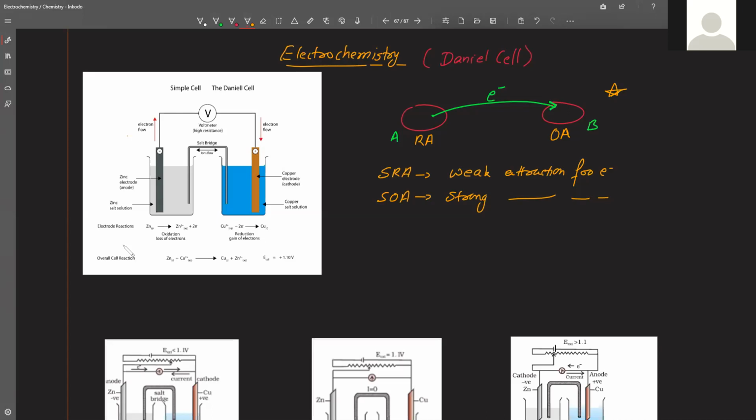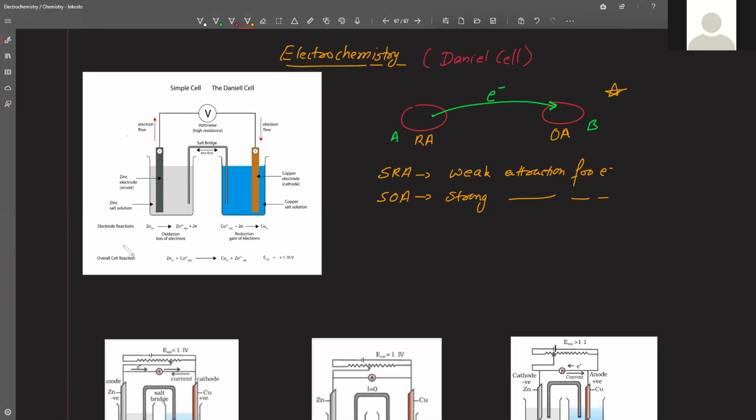Based on the strength of the reducing agent or the oxidizing agent, a table is created. That table is called the electrochemistry table. Instead of using both reducing power and oxidizing power, we take only one scale because we know that they are connected.